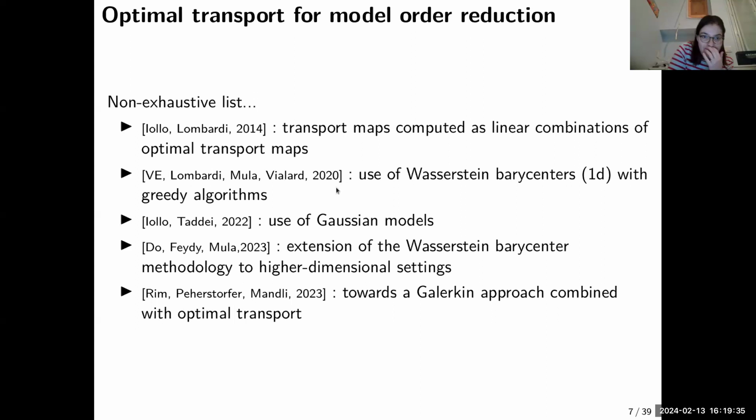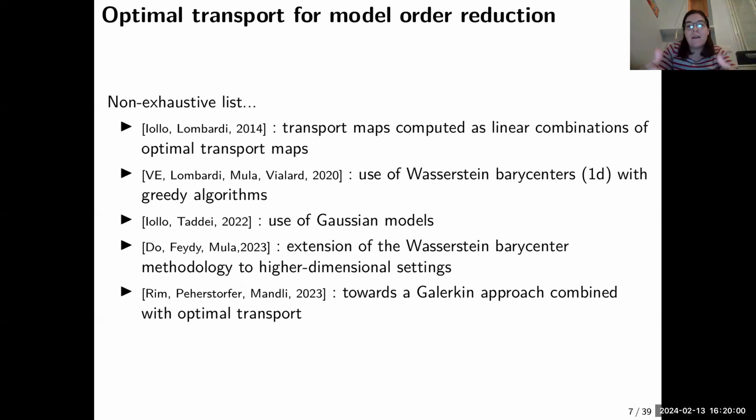There have been some works then with Damiano, Olga Mula, and François-Xavier Vialard on the use of Wasserstein barycenters for parameterized transport problems. And there are also various different extensions and refinements of this type of techniques in different directions. The list is far from being exhaustive.